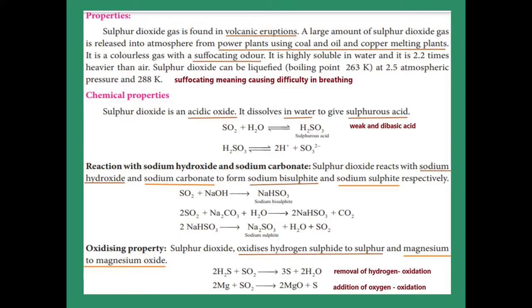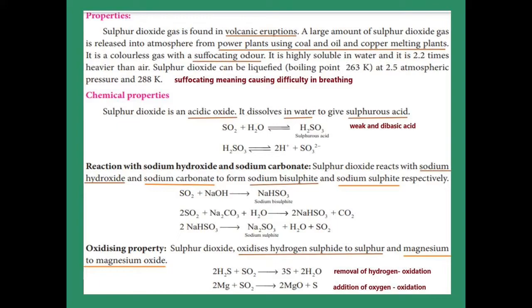The next one, when sulfur dioxide reacts with sodium hydroxide, it gives sodium bisulfite. See the first reaction, SO2 plus NaOH, sodium hydroxide, it gives NaHSO3. But on reacting with sodium carbonate with water, the sulfur dioxide gives sodium bisulfite along with carbon dioxide gas.